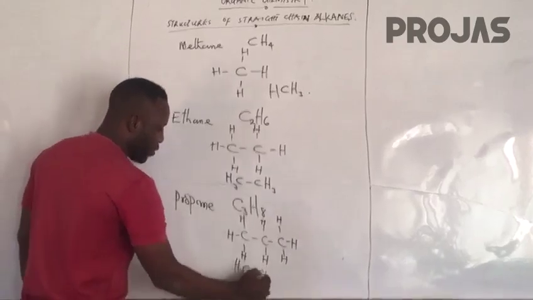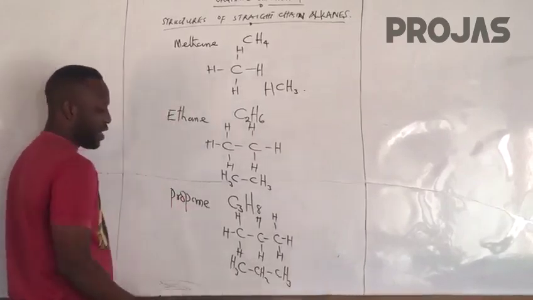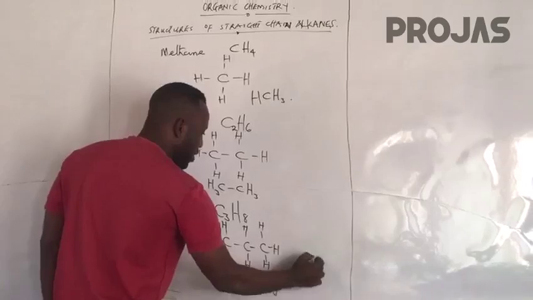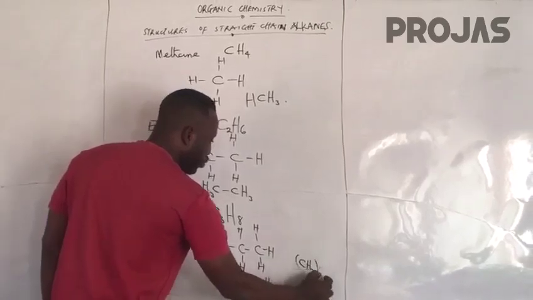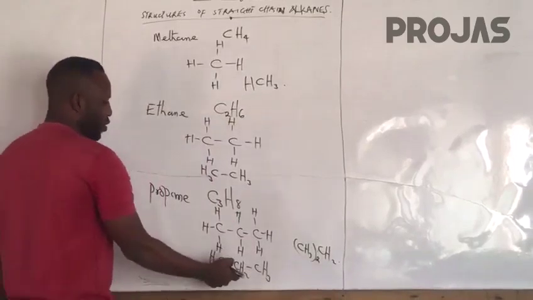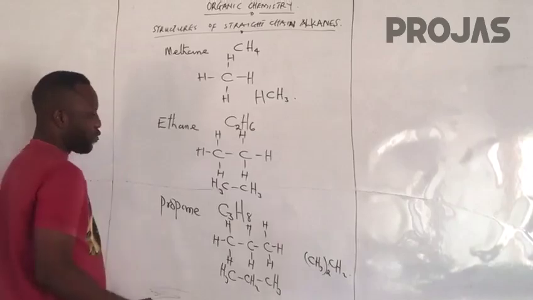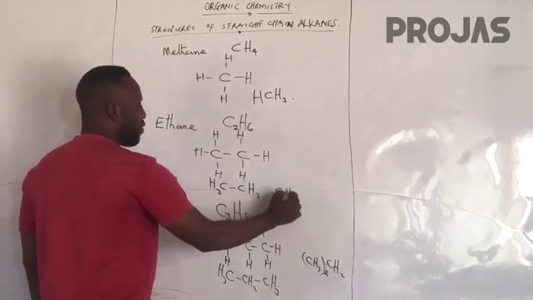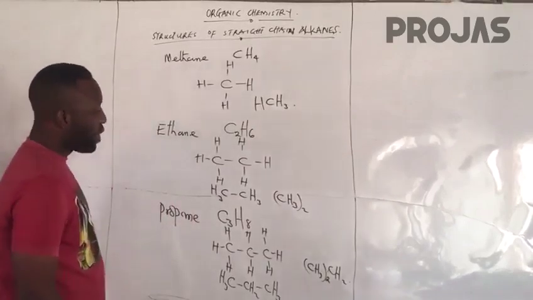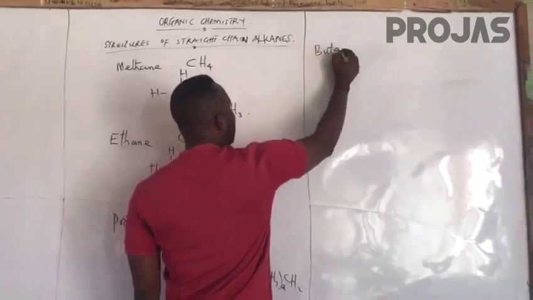To the second carbon, we have 2. To the third carbon, we have 3 hydrogen. Then the condensed form, we can see we have CH3, CH2, CH3, and we have CH2 for only this, because this is just a carbon atom in between these 2 carbons. Then the next member, which is the 4th member, is butane.